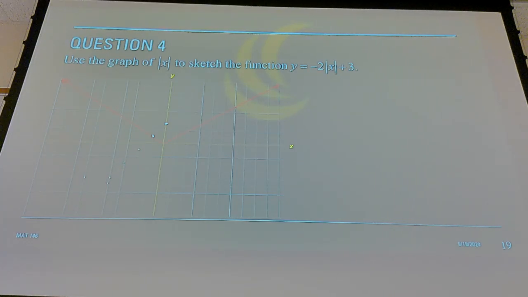And then same thing on the other side. Why is it more narrow? Stretching.